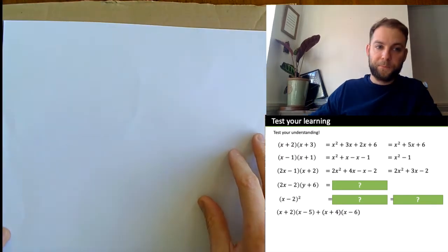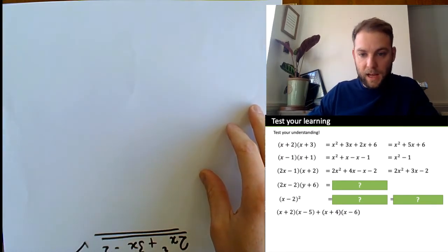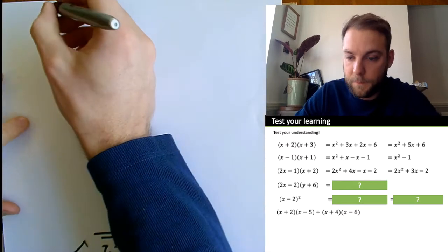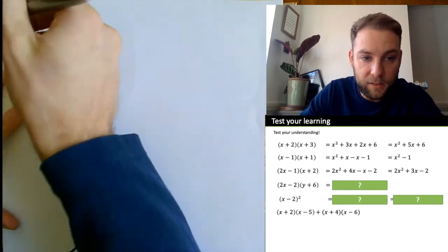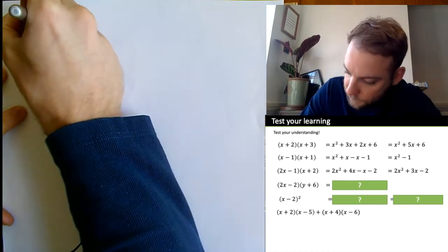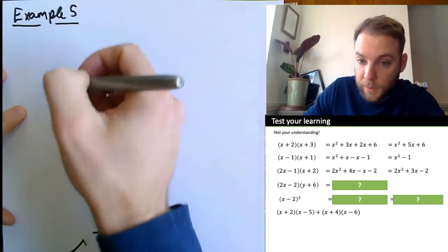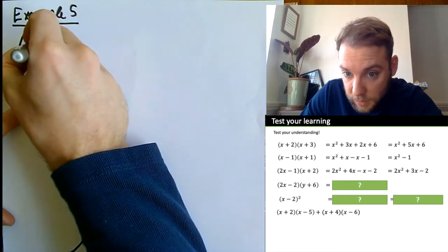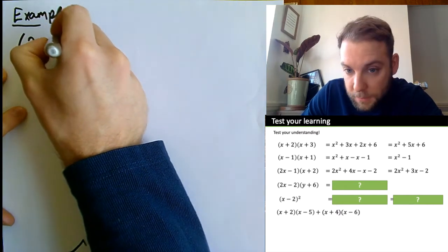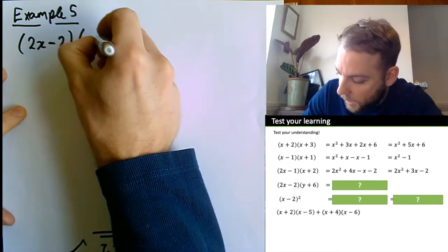So here with this one, this is example 5. So here we have 2x minus 2 and y plus 6.